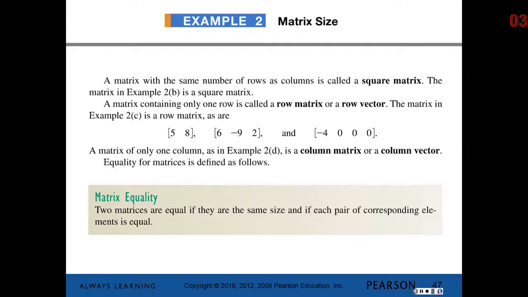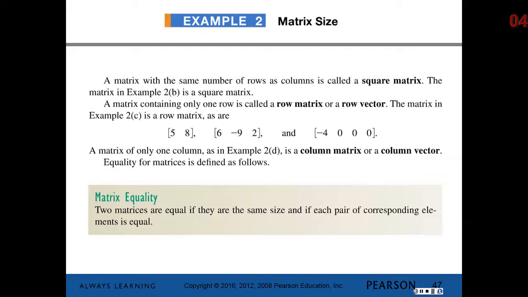Two matrices are equal only if they meet both of these conditions. They must be the same size, that is the same number of rows and the same number of columns, and every single element in the first matrix must match up in position to every single element in the second matrix.